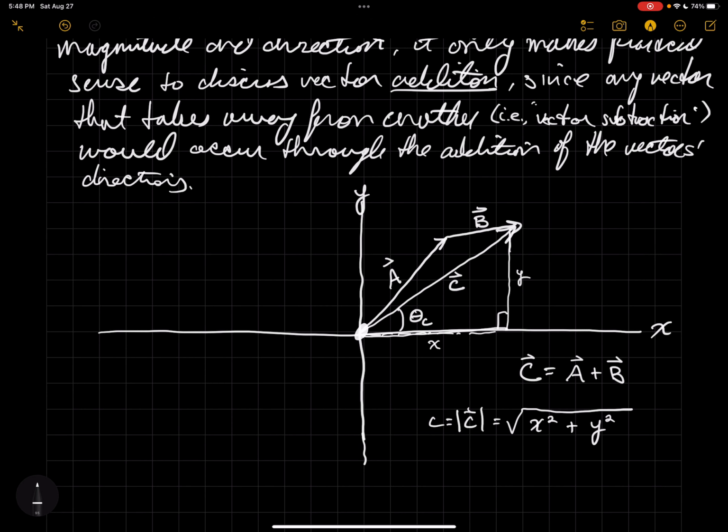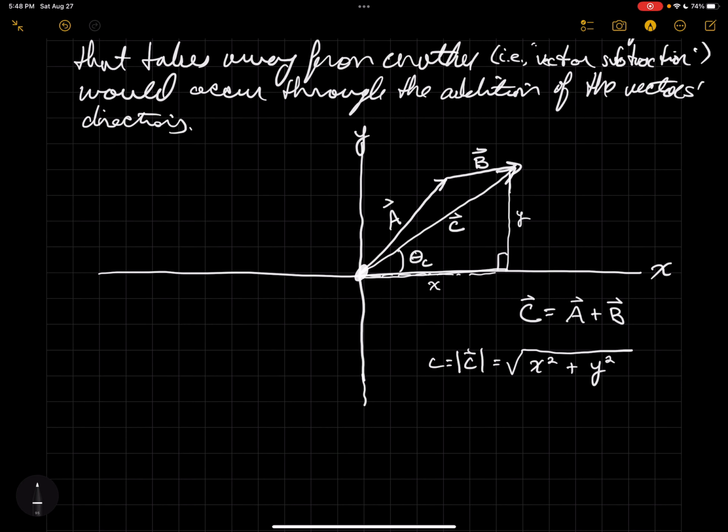And so we can determine theta using, again, our trigonometry, where the tangent of theta is the opposite side, in this case y, divided by the adjacent side, in this case x. And so we can solve for theta C directly by doing the inverse tangent, sometimes called the arctangent, of the opposite side y divided by the adjacent side x.